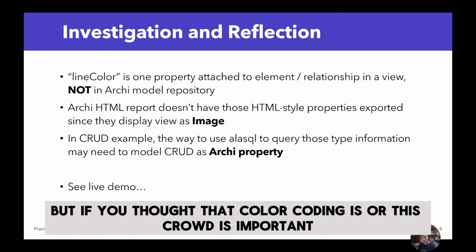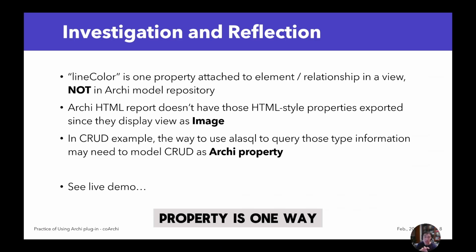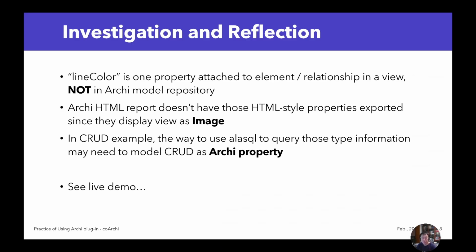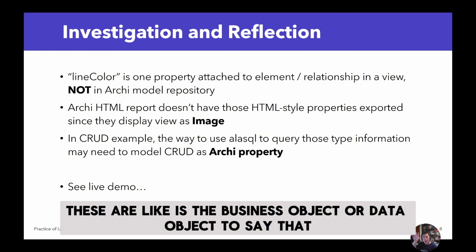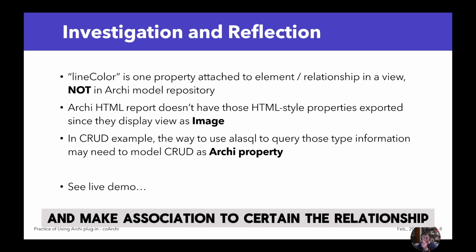But if you think that color coding or this CRUD is important, try to think about how to make that part of your model. Property is one way, or maybe you use a different type. You can use a business object or data object to represent that, or you can make a business process with an activity and make an association to the certain relationship.